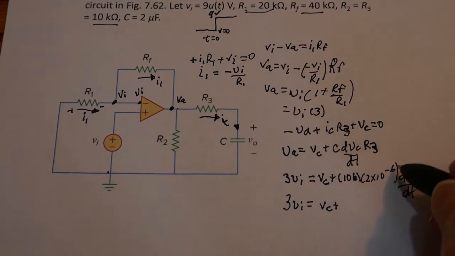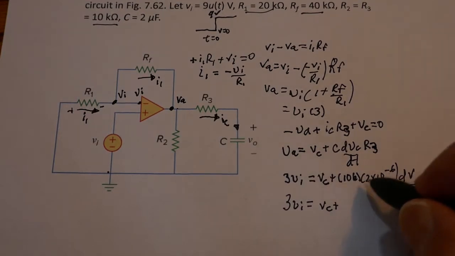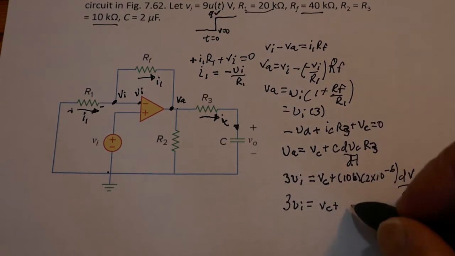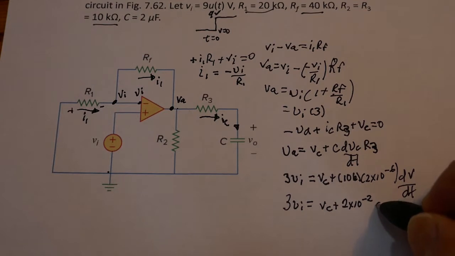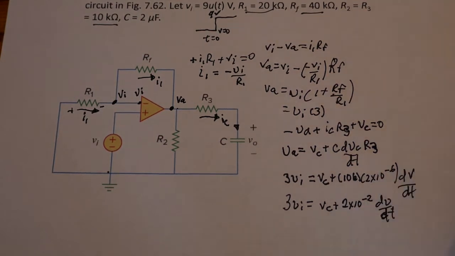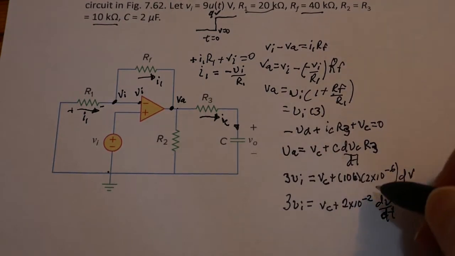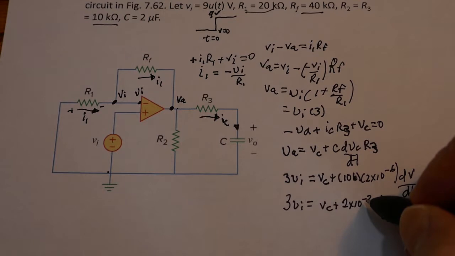10K is 10 to the 4th. This is 10 to the minus 6, so 10 to the minus 2. This is 2 times 10 to the minus 2 dV/dt, or it's 0.02. And 1 over that is 50.